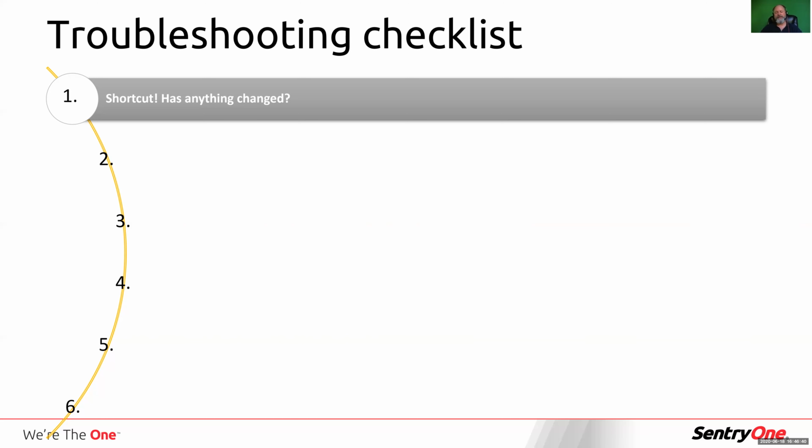But here's our checklist. The first question that I always ask when somebody comes and complains about performance, or I have some alerts go off that hit my desk, is, well, what the heck is different about yesterday than today? You know, we didn't have this problem yesterday.